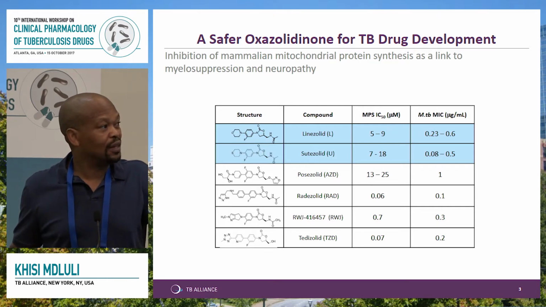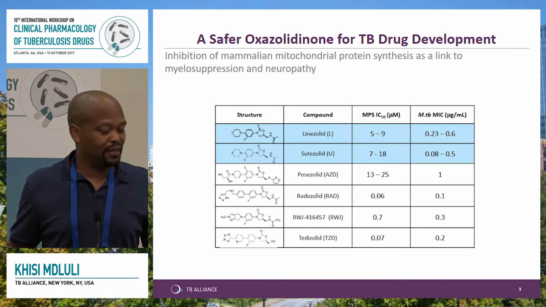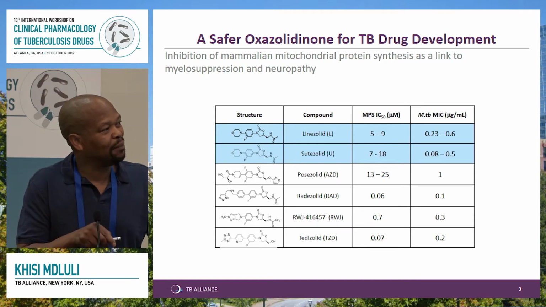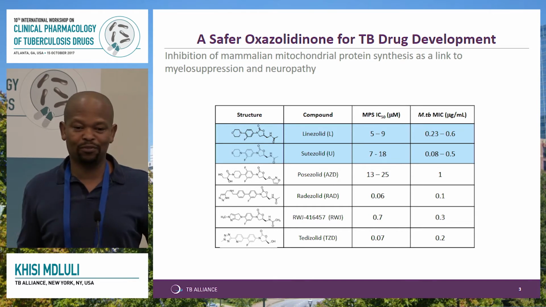All of these agents are characterized by this unfortunate amount of mitochondrial protein synthesis inhibition. So the number is very, very low, and it's almost equivalent to the MIC of those drugs.